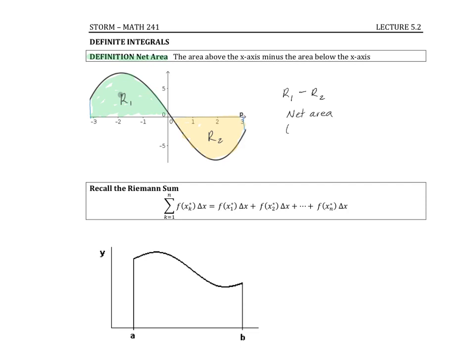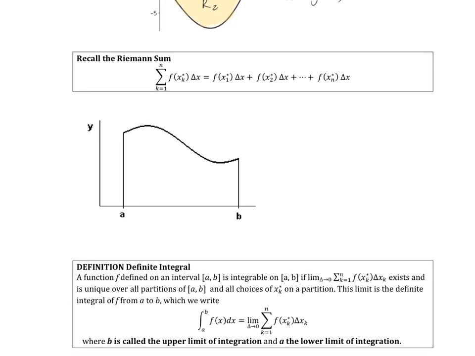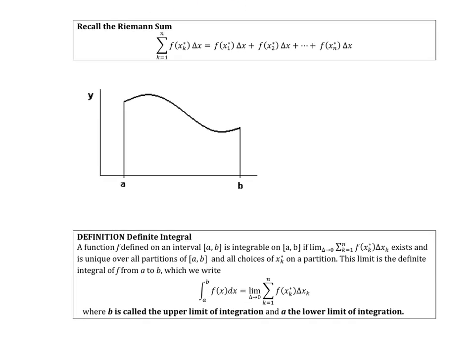And this is going to turn into our integral, which again can be negative, it can be positive, it can be 0. What I'd like to do is go back to our Riemann sums and discuss the Riemann sum a little bit. Remember what we were doing with our Riemann sum?